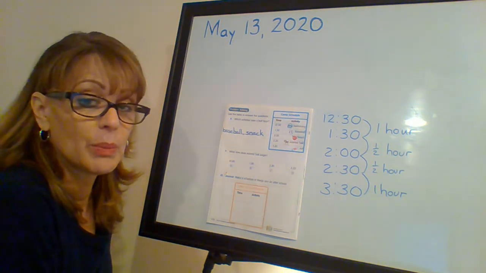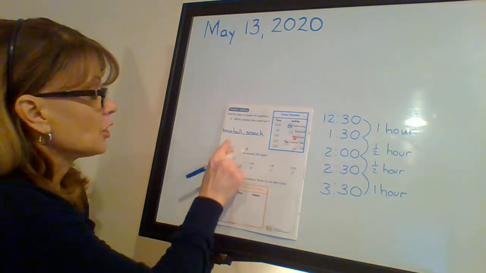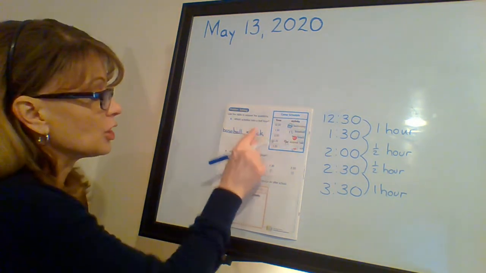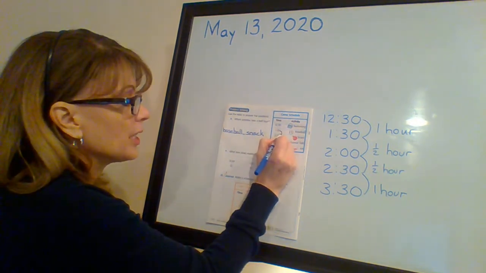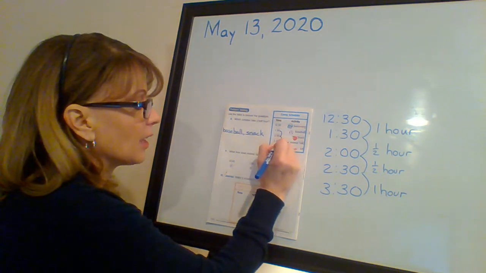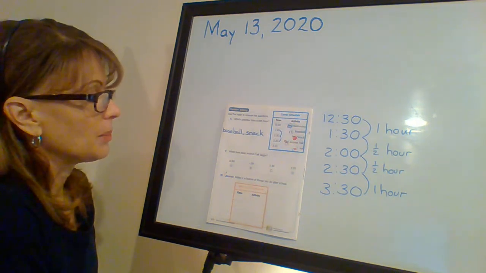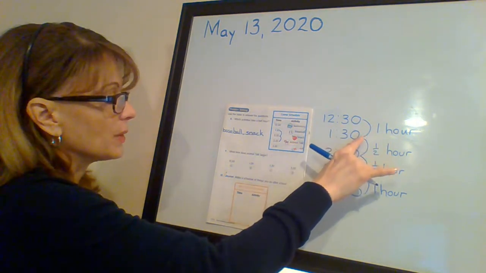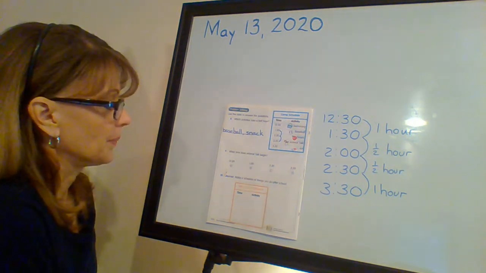It's going to be very important that you have your clock tomorrow for the review. So the two activities that took a half hour, baseball, right, from 1:30 to 2, that was a half hour, and then snack, 2 to 2:30 was a half hour. But from 12:30 to 1:30 was an hour, and from 2:30 to 3:30 was 1 hour.